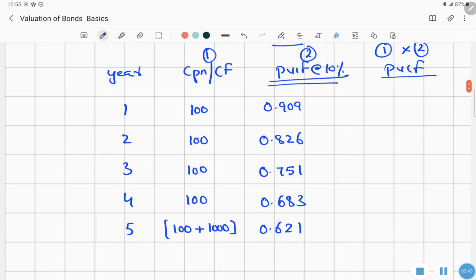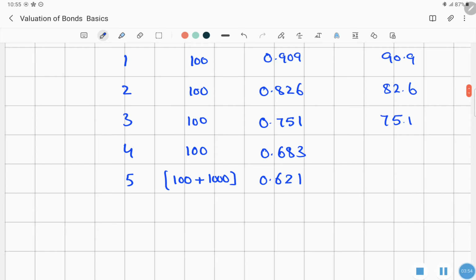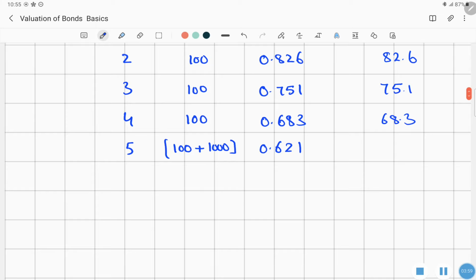So 100 into 0.909 is 90.9, then we have 82.6, then 75.1, then 68.3. Then here we'll be multiplying 1100 into 0.621.